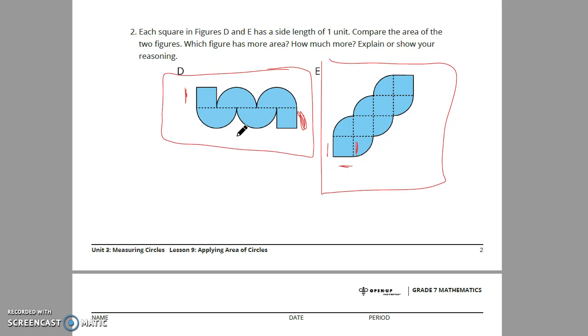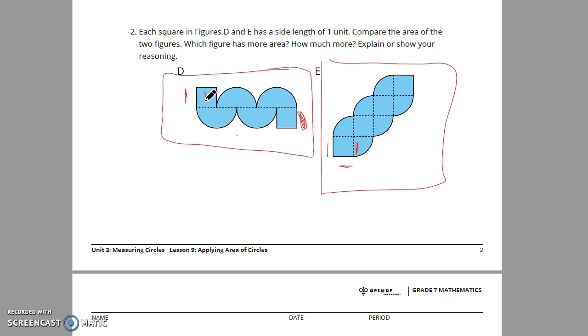So if we were able to put these circles together, we'd have 2 circles and then a rectangle, or 2 squares. We also know that the radius of one of these circles is 1, because we know these little squares each had a unit of 1 as their length. Please solve for the area of D.